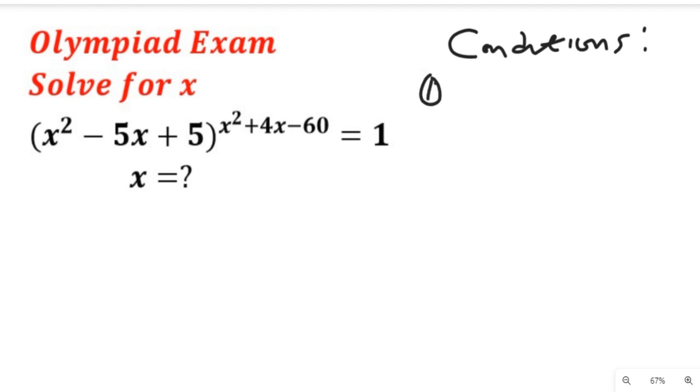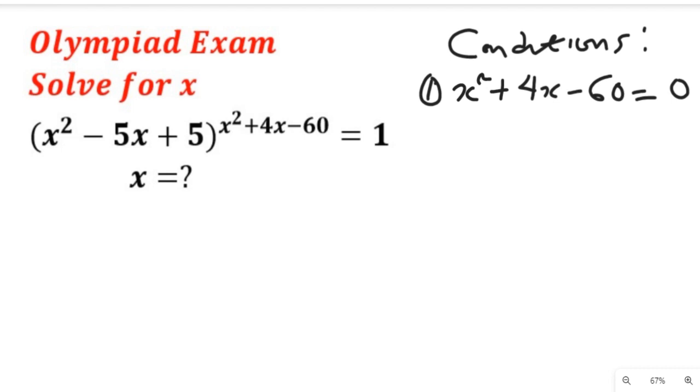In condition 1, the left-hand side of this equation can be equal to 1 if the power, x squared plus 4x minus 60, is equal to 0. Remember, anything raised to power 0 is equal to 1.